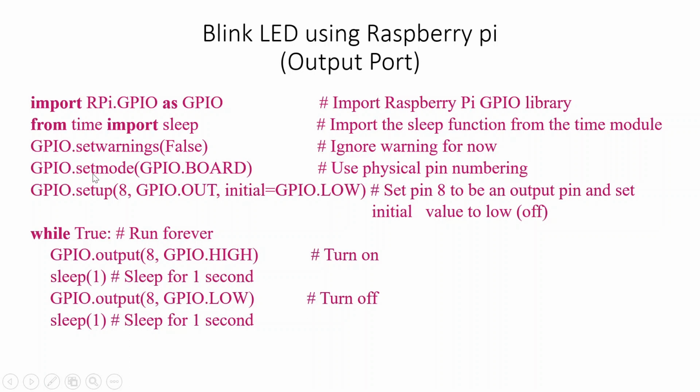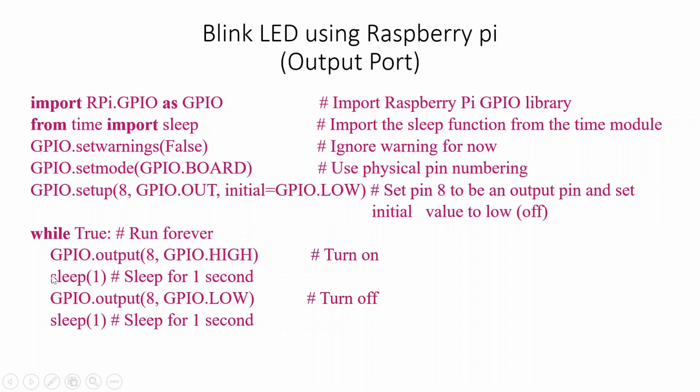This function also belongs to the RPi.GPIO module. The setup function is also from the GPIO module. We have used pin number 8 for connection of an LED, used for toggling that LED. So pin number 8 we configure as an output pin by using GPIO.OUT, and initially we give the status GPIO.LOW.